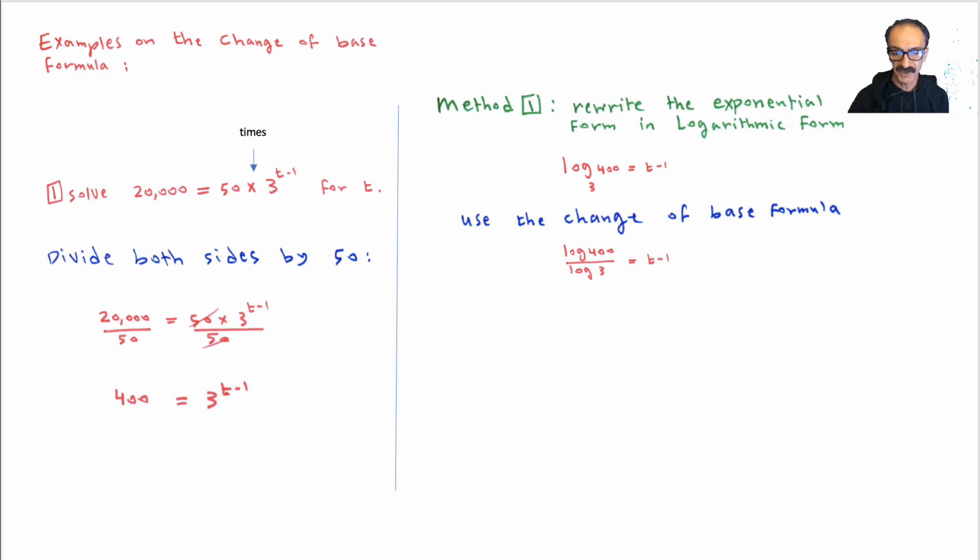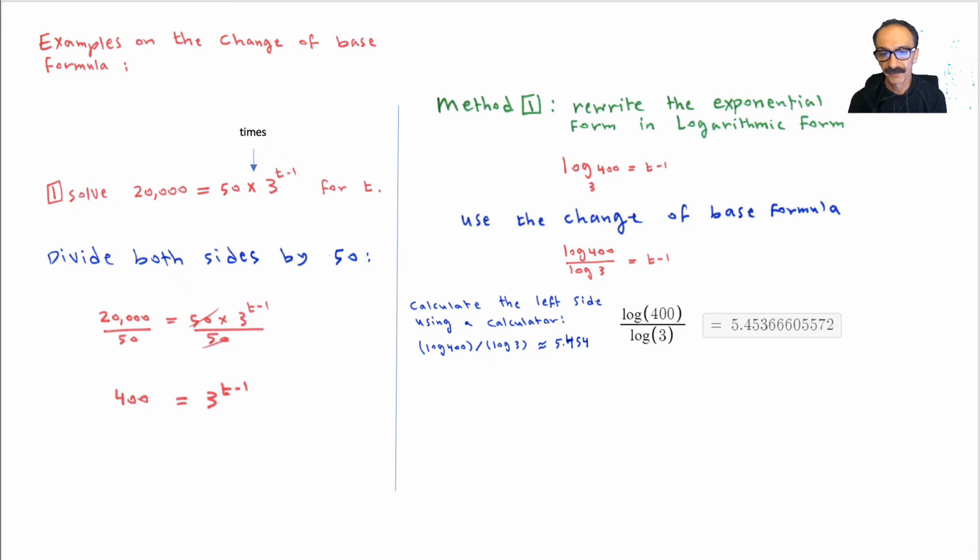Using the calculator, I got approximately 5.454, and this is how it looks on the calculator or the graphing calculator. Four digits will be fine. Of course, round to four digits. 6 is too high, so the 3 has to be 4. 5.454. Actually, I did three decimal digits.